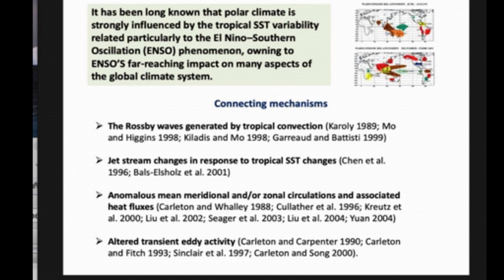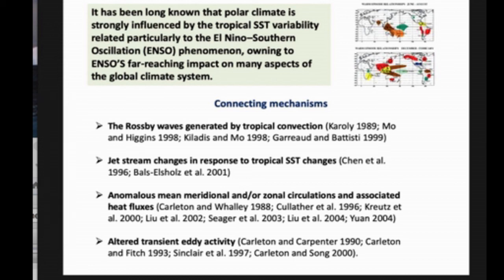Another group thinks about the zonal mean circulation, in the zonal and meridional directions, and those can respond to the tropical heat fluxes. There's a whole list of people who published papers on that topic.